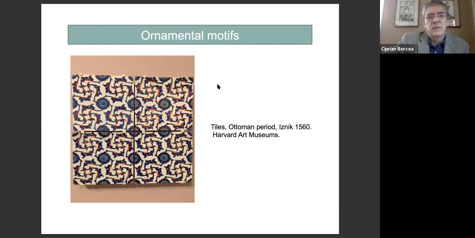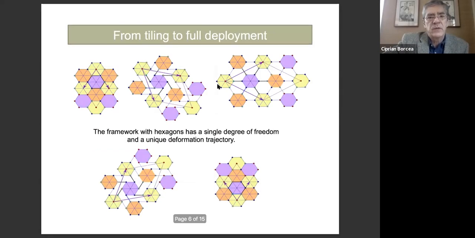So the interesting thing for us is that they all offer scenarios of opening up, and to speak in the way most often encountered in the literature, we'll call such motions deployments.